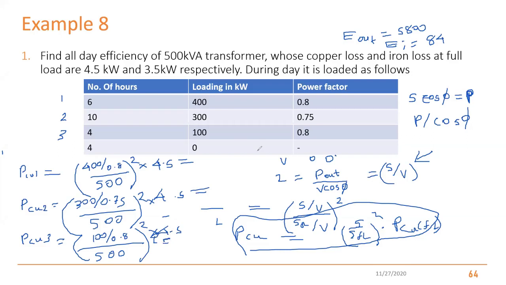If you calculate these values, the second one becomes 2.88, and the third, 0.8 times 400 squared, is 0.281 kilowatts.